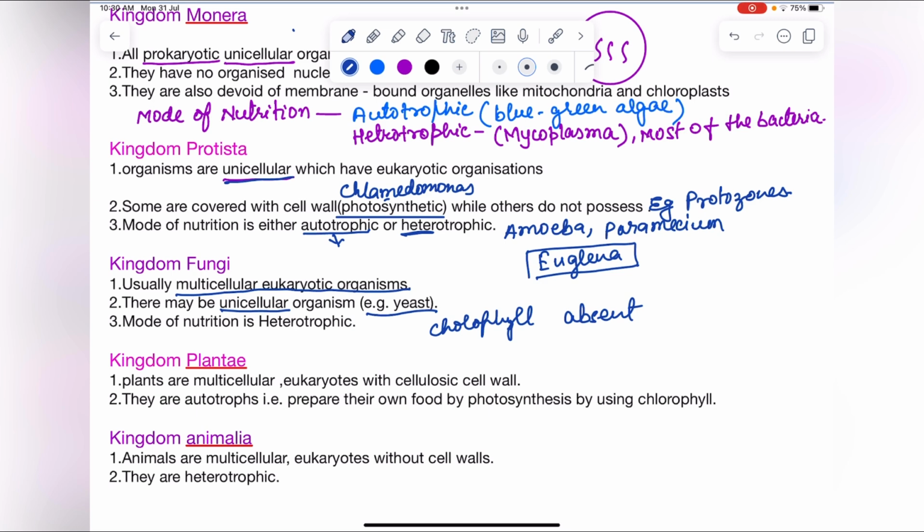Mostly they are multicellular, a few are unicellular. A heterotrophic mode of nutrition is found, because hetero means dependent on others. So they gain food saprophytically or parasitically.